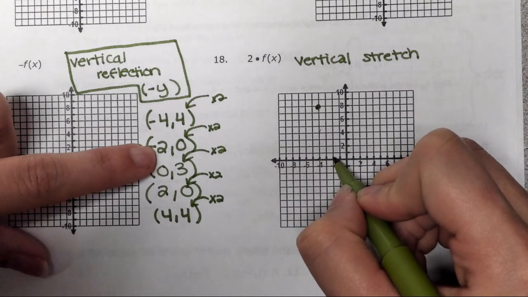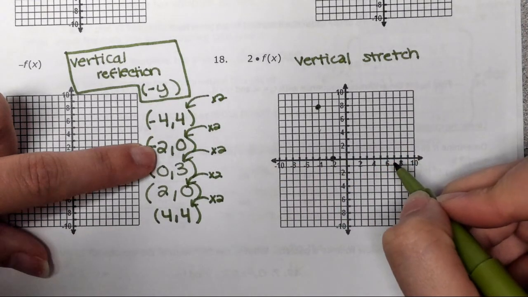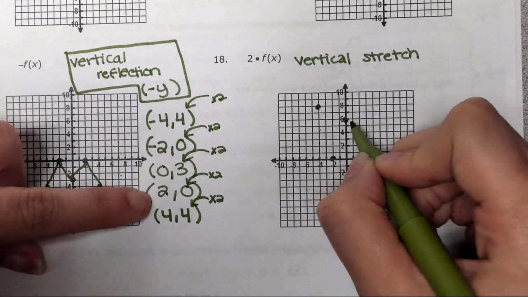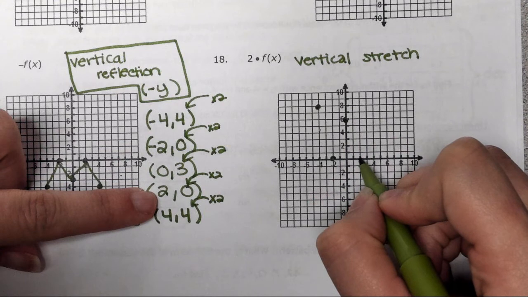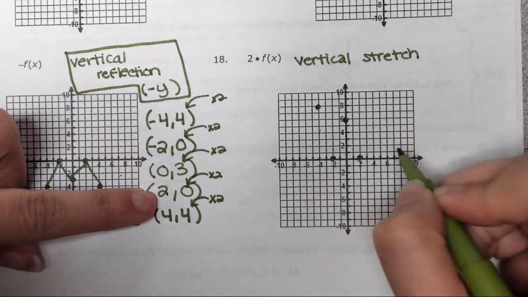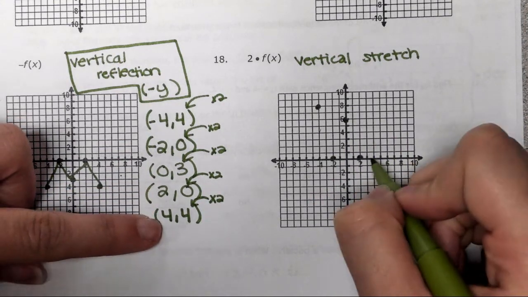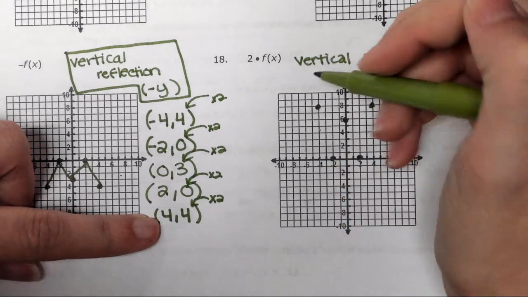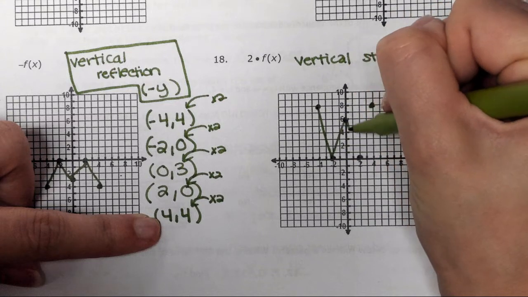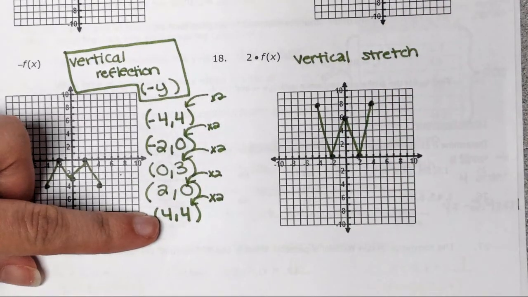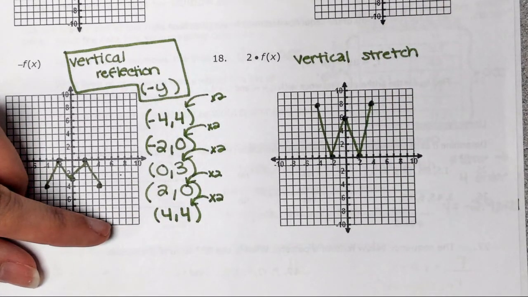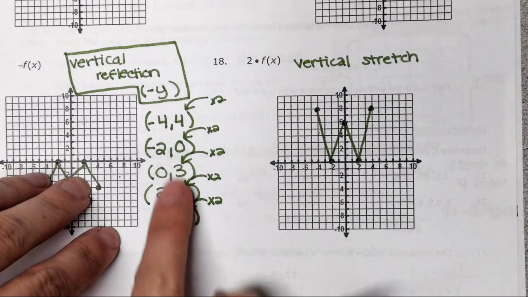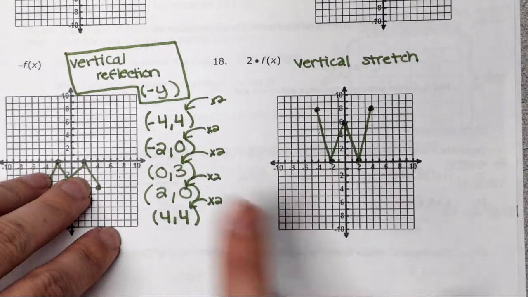Negative 2, 0 times 2 is 0. 0, 3 times 2 is 6. 2, 0 times 2 is 0. And 4, 4 times 2 is 8. I took my W and I stretched it out vertically. Sometimes it's easier to use the points than it is to use the picture.